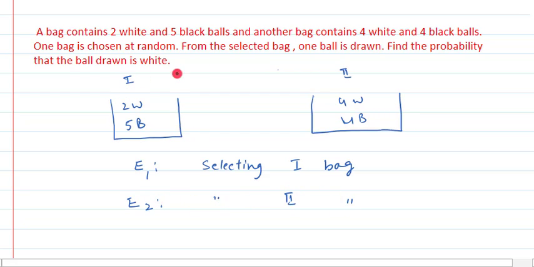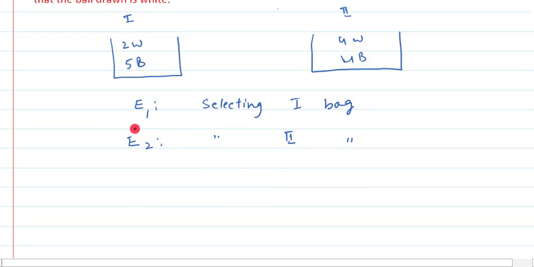So one of the bags is selected and from the selected bag one ball is drawn. If bag 1 is selected, then a ball is drawn from bag 1, and if bag 2 is selected, then a ball is drawn from bag 2. Find the probability that the ball drawn is white, meaning we need to select a white ball from the selected bag. Let us consider that A is the event of selecting a white ball from the selected bag.